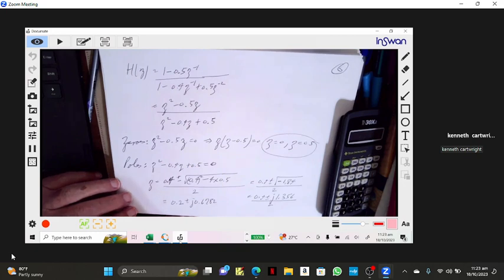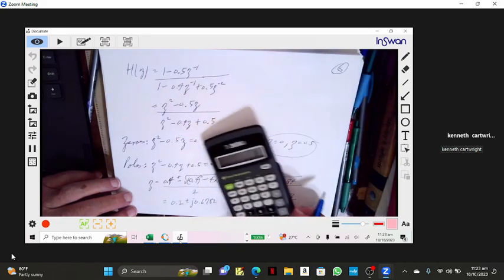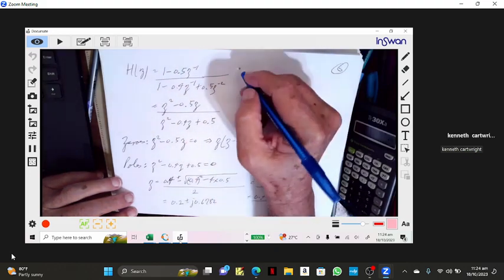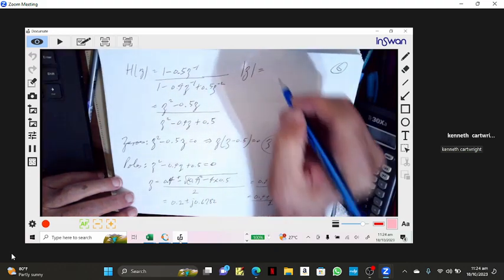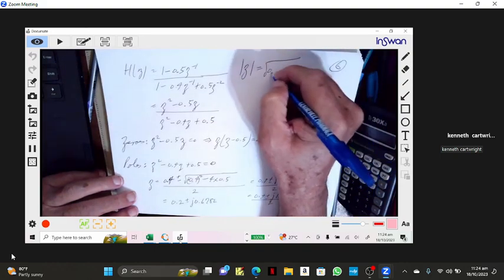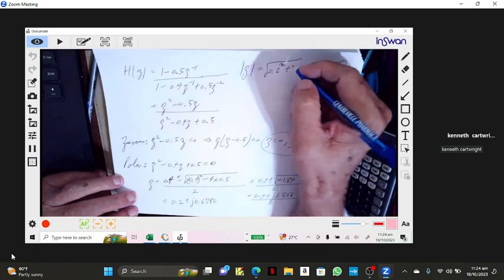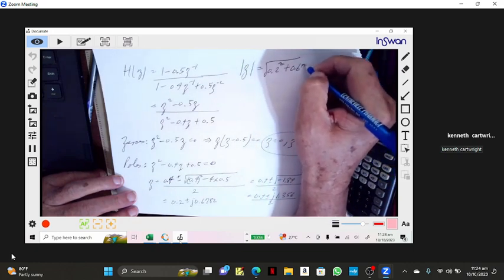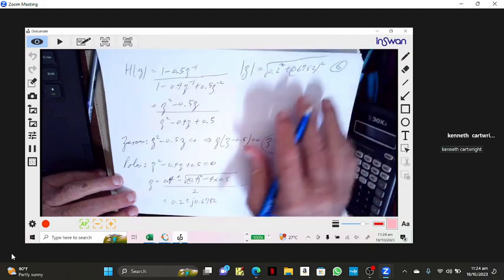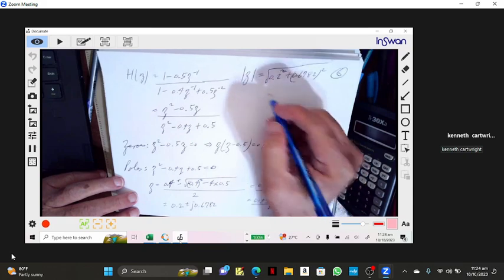What do I want to know about the poles? The magnitude has to be less than 1. All right, so what's the magnitude of these poles? The magnitude is the square root of 0.2 squared plus 0.6782 squared, and it's the same for both because they're complex conjugates.